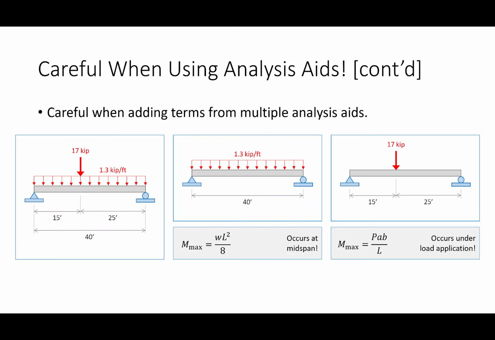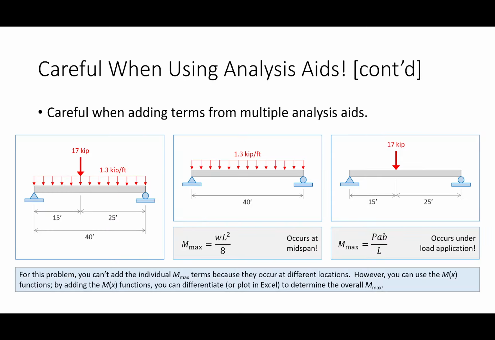The problem is that there'll be an expression for M max. The M max for this beam is WL squared over 8, and it occurs at midspan. The M max for this beam is PAB over L. This is A, this is B, and L is 40 feet. But this M max occurs where the point load is. So the two M maxes occur at different locations. So you can't just add them up.